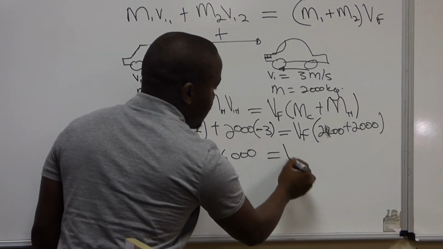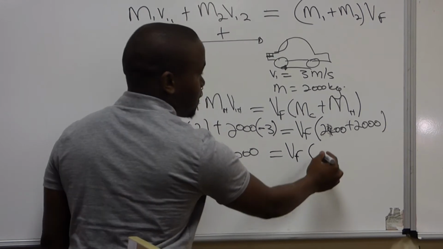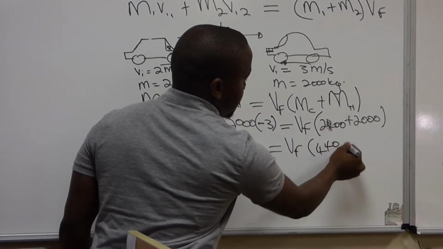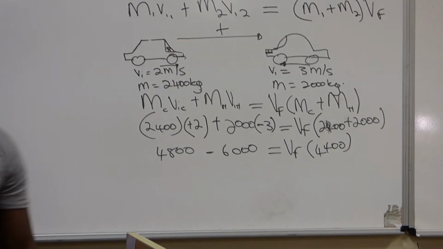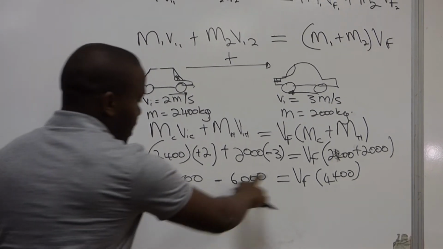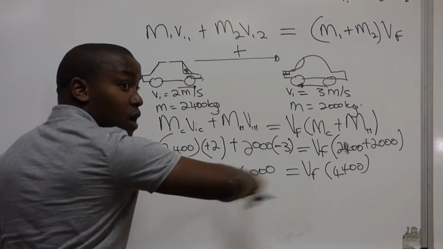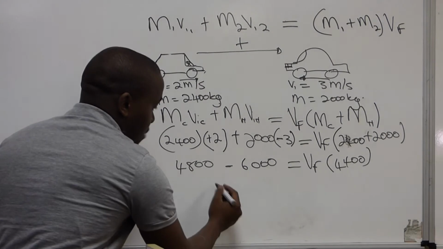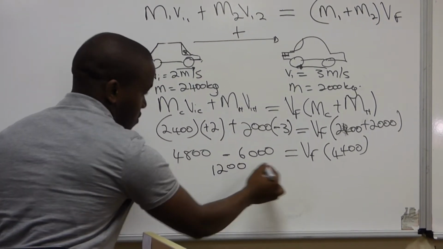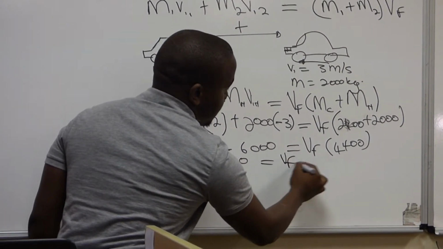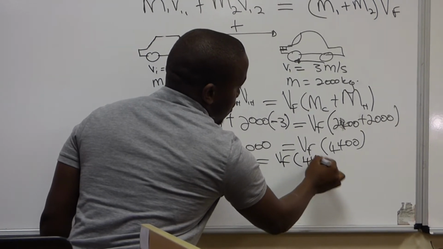Now I'm going to have V final times 4.4. Good? Now here I'm going to have 1.2, I'm going to have VF times 4.4.